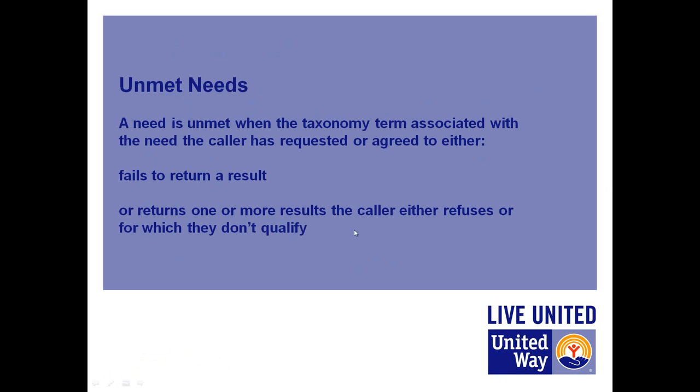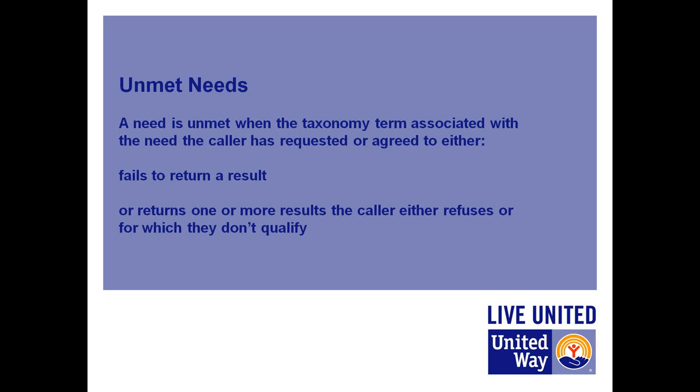Unmet needs. I had a lot of good questions about these in some of the earlier sessions. And despite the fact that I've complained about this definition in this PowerPoint at every presentation, I have not changed it, because I just don't think it's quite accurate. So, a need is unmet when the taxonomy term associated with the need the caller has requested or agreed to either fails to return a result, which is true, or returns one or more results the caller either refuses or for which they don't qualify.